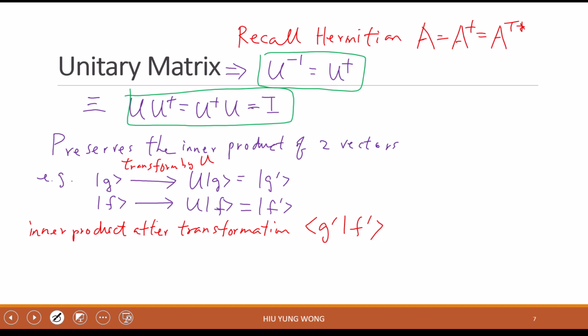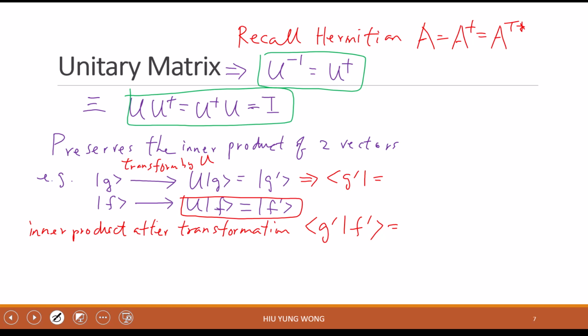Okay. Then, however, what is F dash? I know that already. It's just U F, right? But what is G bra? We just learned it. What is that?